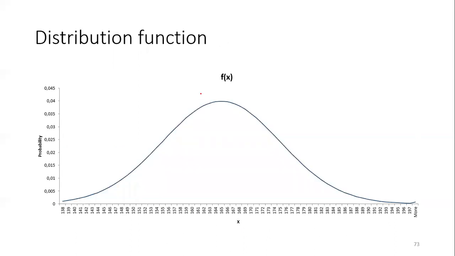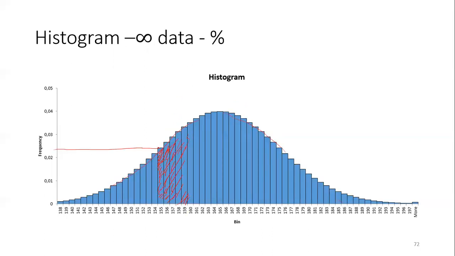In fact, this is the thing that we are doing in calculating probabilities for continuous random variables. If I ask you what is the probability that a guy is between 155 and 160, you find the area here. Finding the area is exactly the same thing as finding the corresponding percentages of these rectangles.